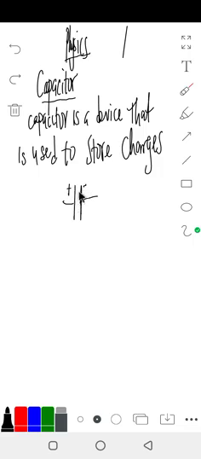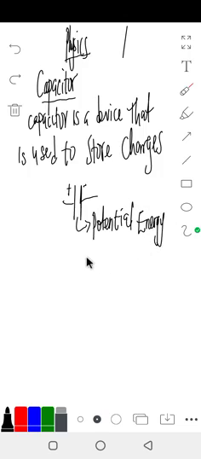The capacitor is used to store charges, and since the charges are static in the capacitor, the charges are stored in form of what? Potential energy, or in form of electrostatic potential energy, because the charges are static. They are stagnant in the two parallel plates.